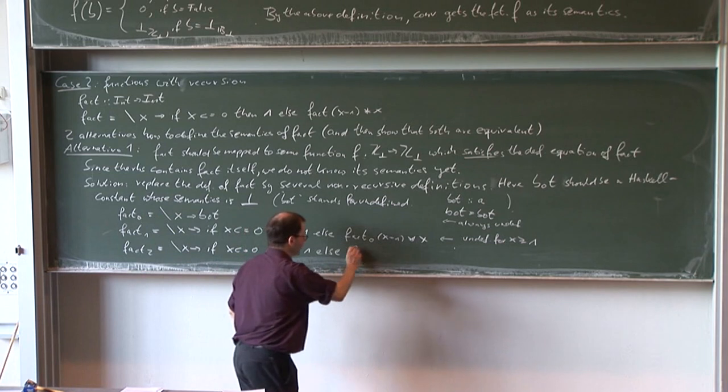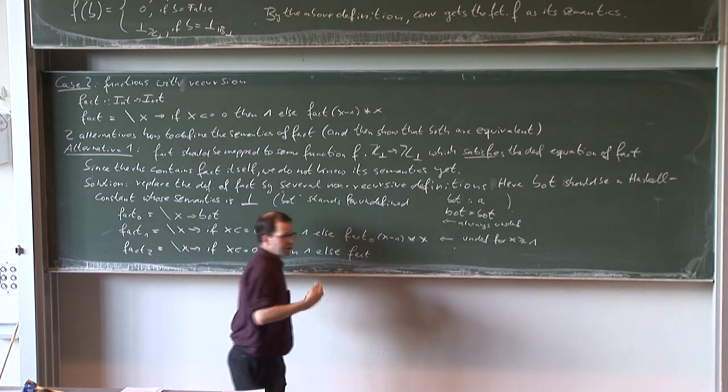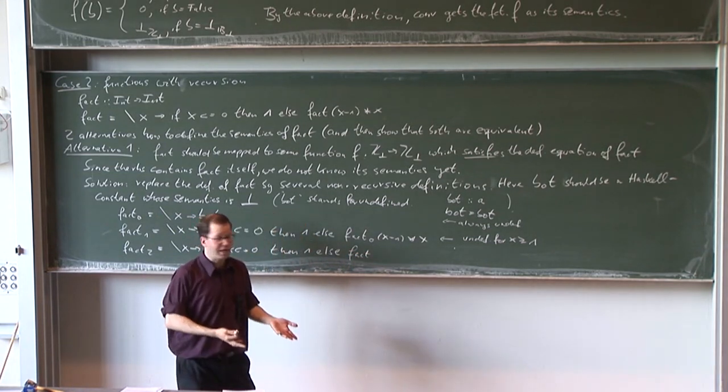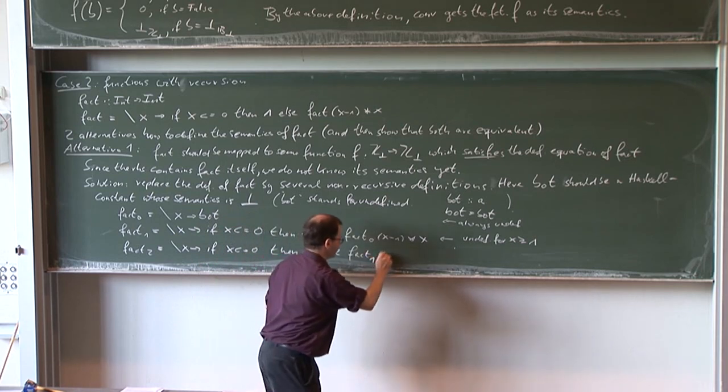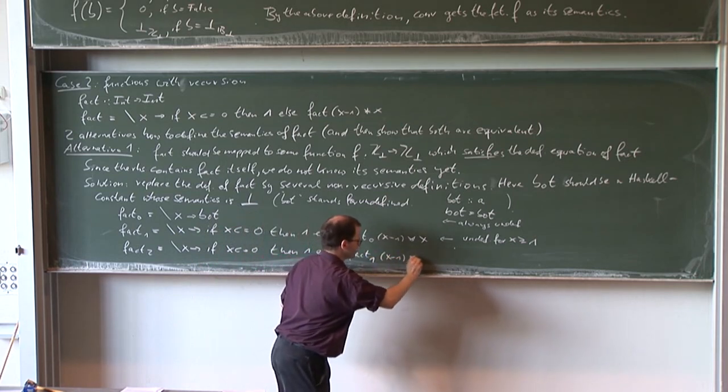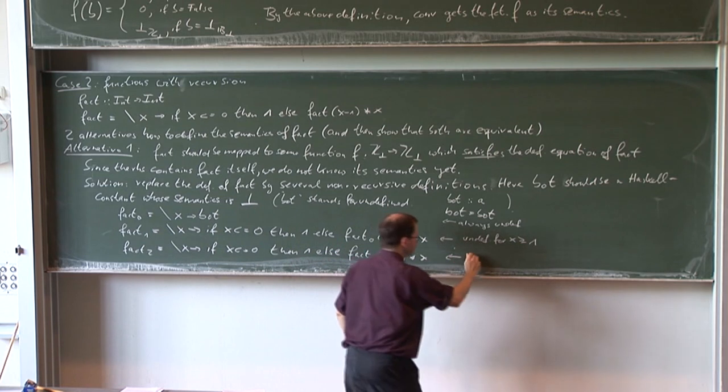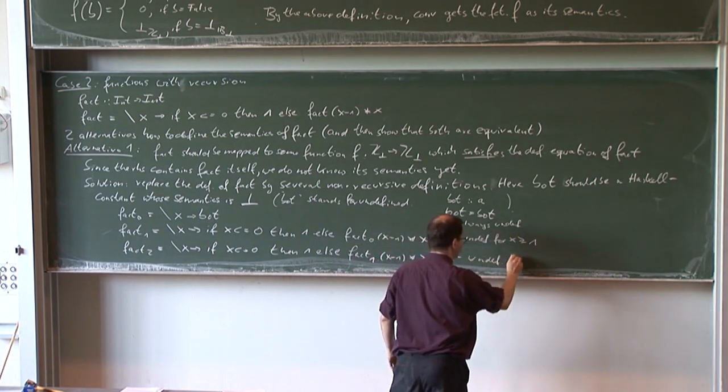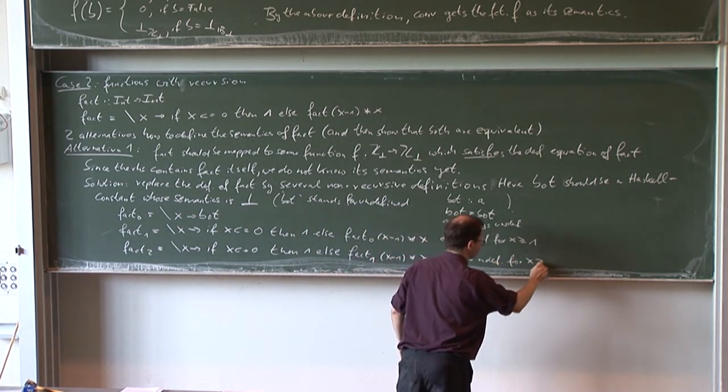So in the recursive call, I always use not the current approximation, but the approximation that I had before. So here I have fact1. And now you can easily see that this is undefined for x greater or equal than 2.